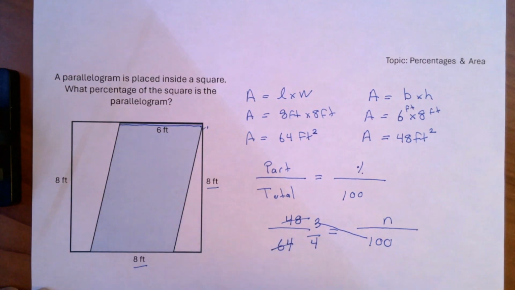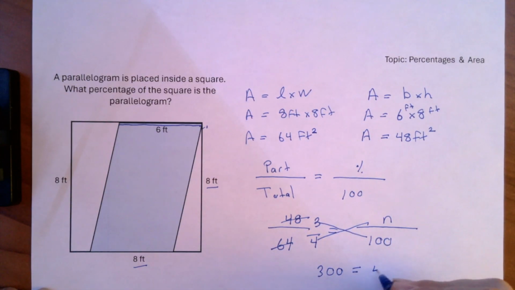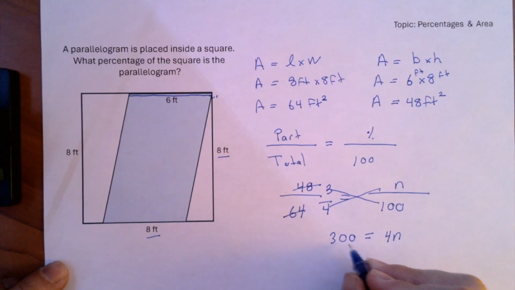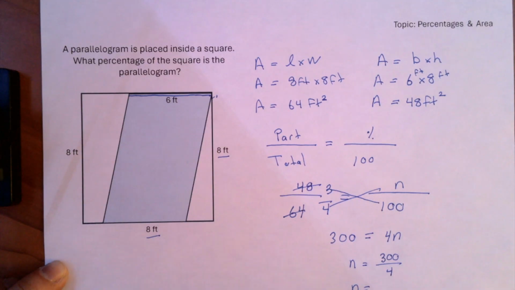So 3 times 100 is 300, and that's going to equal 4 times n, which is 4n. Finally, to solve for n, I'm going to divide 300 by 4, and I get 75. So the answer is 75%.